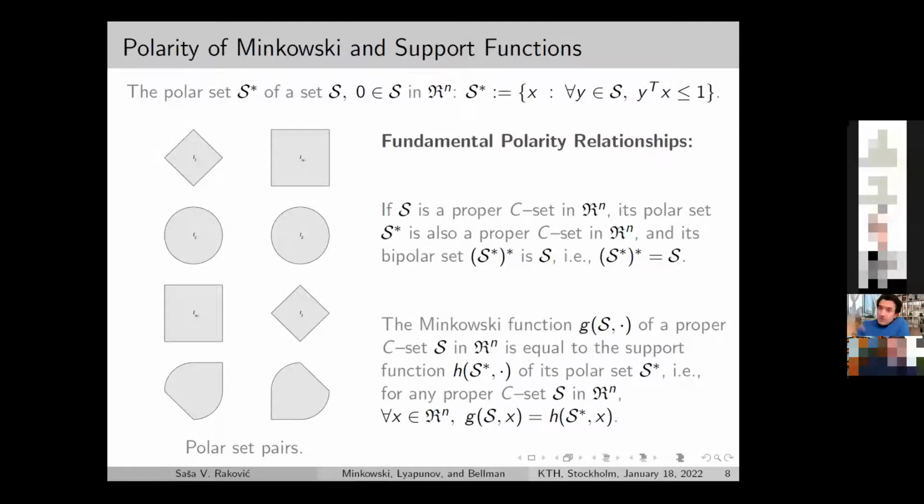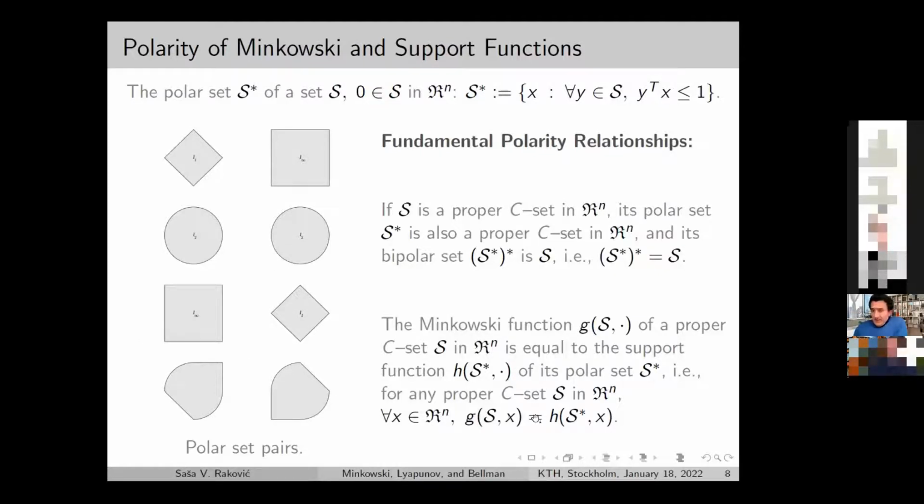And if you take a bipolar, you obtain the original set. So if you apply polarity on a polar set, you get the set which you started from. This is, of course, under the assumption that you work with a proper C set in Rn. The other thing that matters is that the Minkowski function of a proper C set is equal to the support function of its polar set S star. Okay, so this is the crucial link between the Minkowski and the support function.